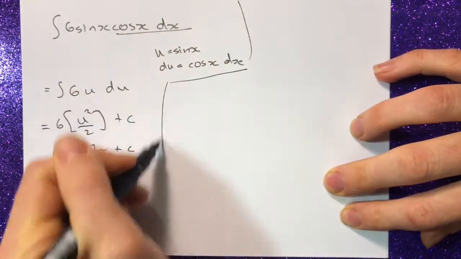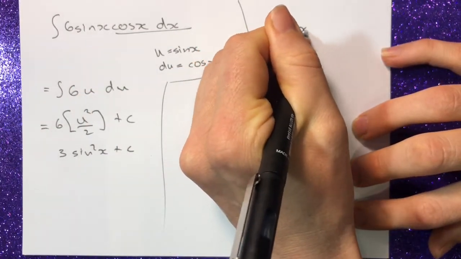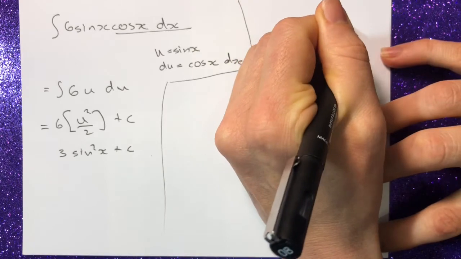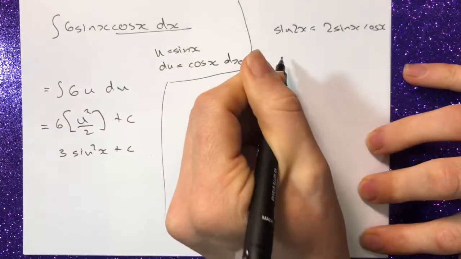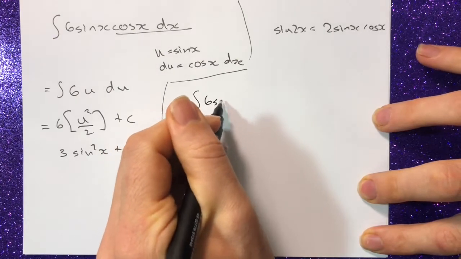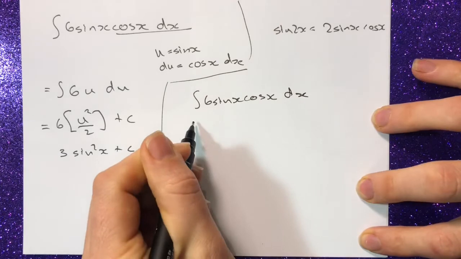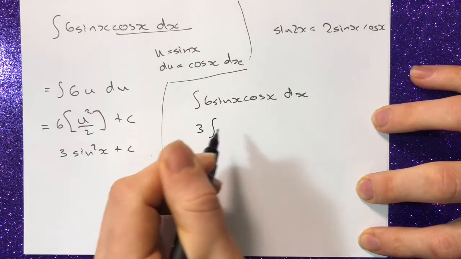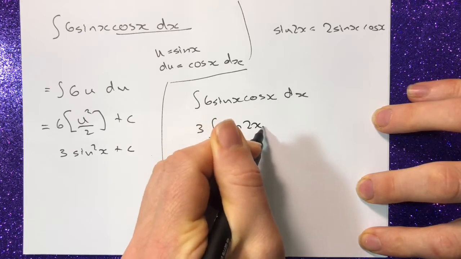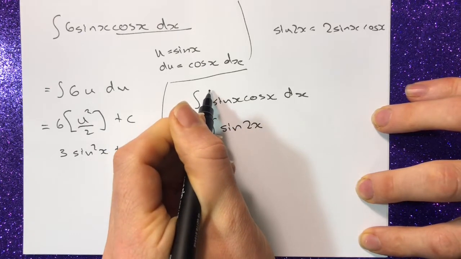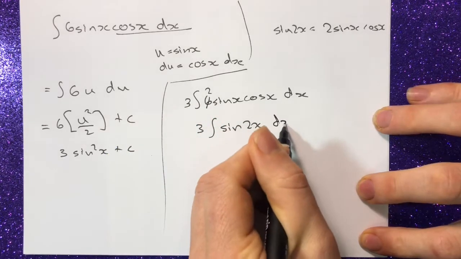If I tried an alternative approach and I said that sine 2x equals 2 sine x cos x, then 6 sine x cos x would be the same as 3 lots of the integral of sine 2x, because I'd have 2 sine x cos x there with a 3 out the front, put the 2 there, the 3, I've still got a 6.